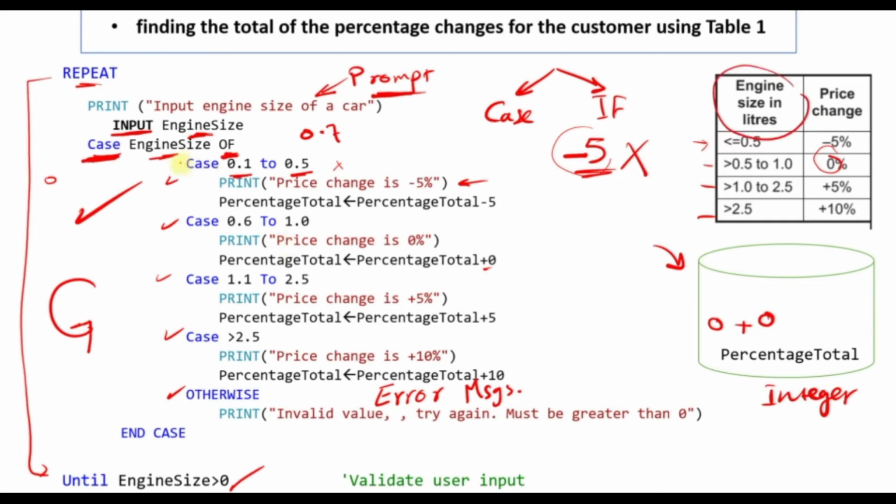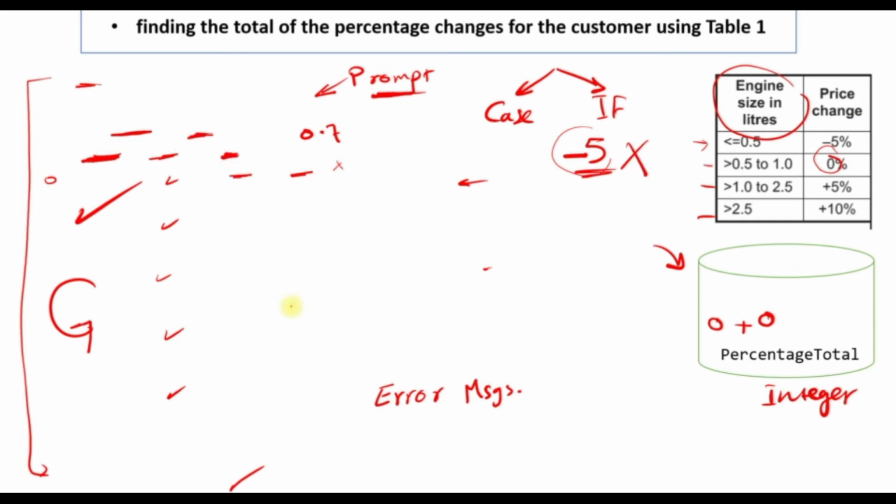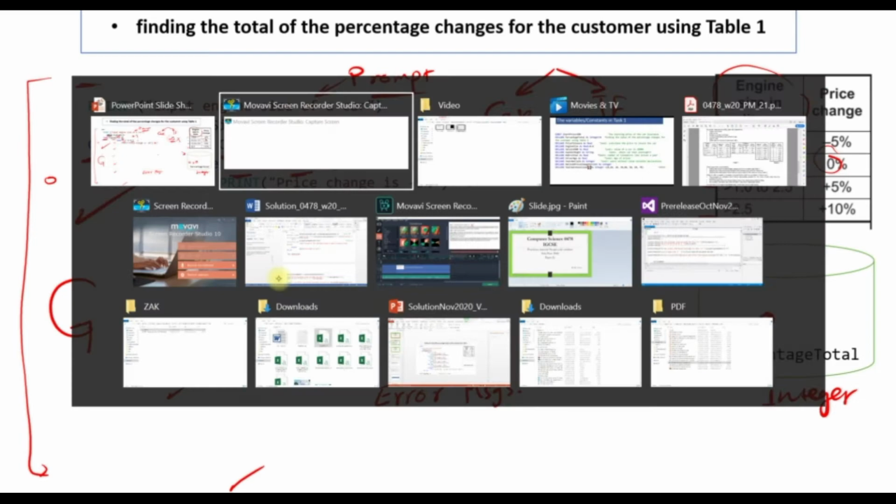We did this for the engine size. We used the CASE. Although the solution appears to be long, you will apply the same concept that we applied here for the engine size. We will use CASE for Table 1 that appears in the question.